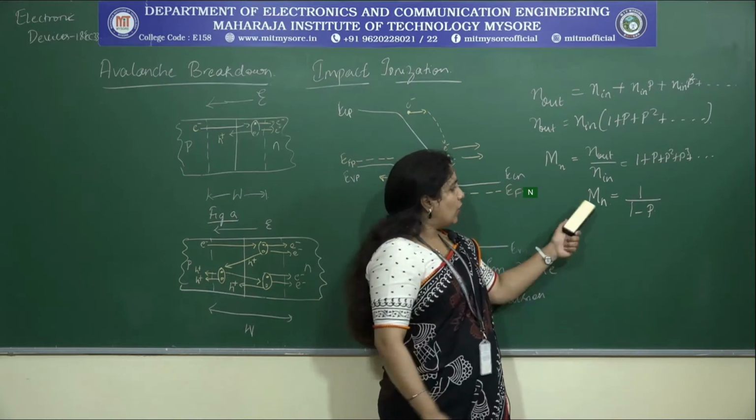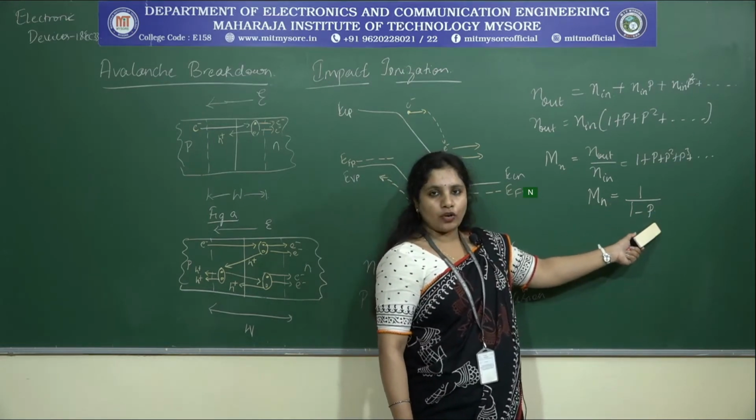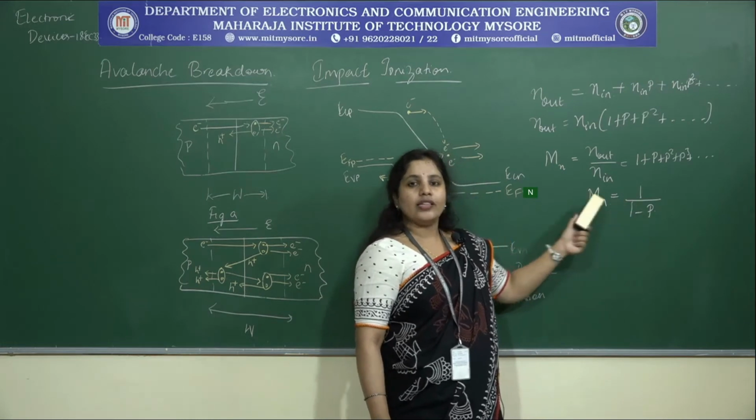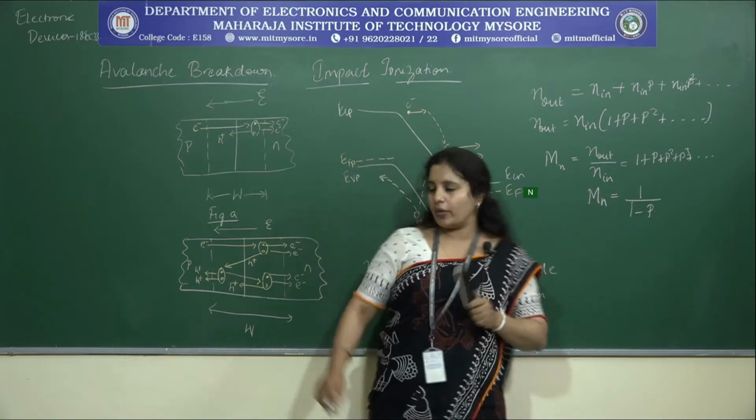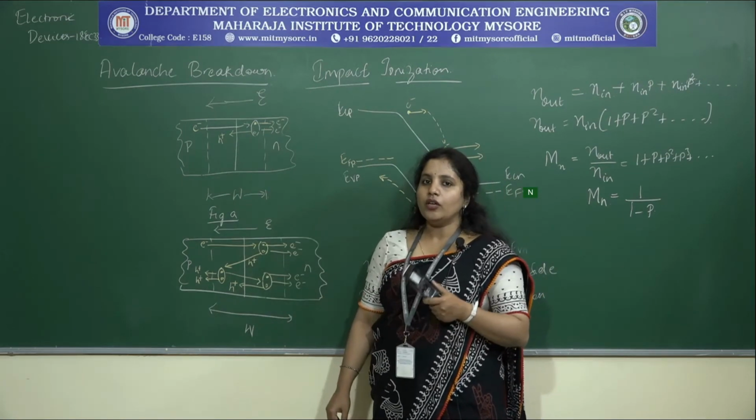Done. Now, will the carrier multiplication be only related to the probability of the collision that takes place? No. This carrier multiplication also depends on the reverse bias potential that I am providing across the PN junction.